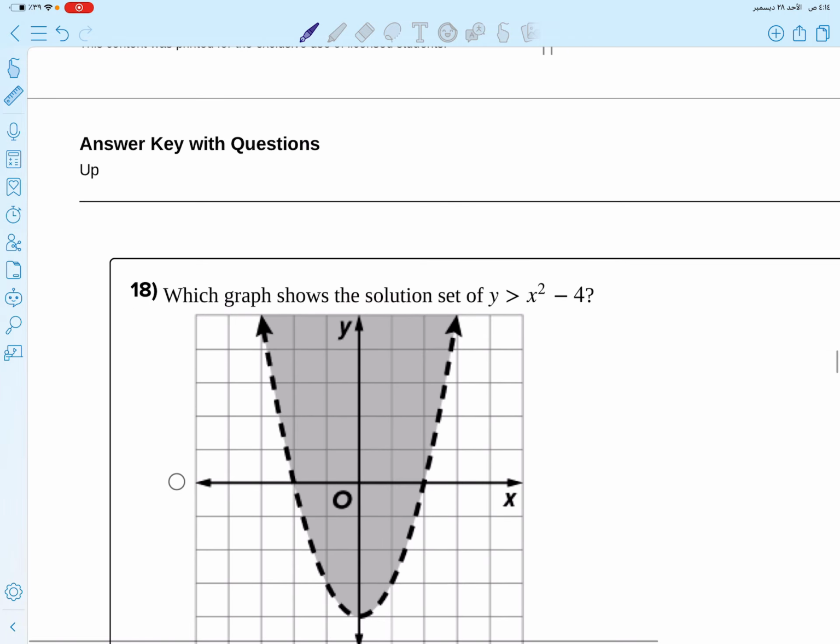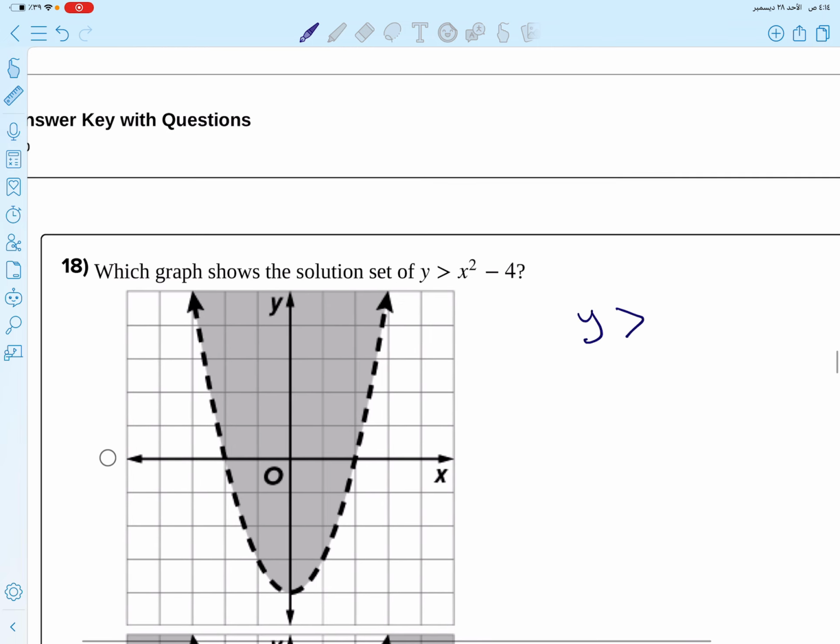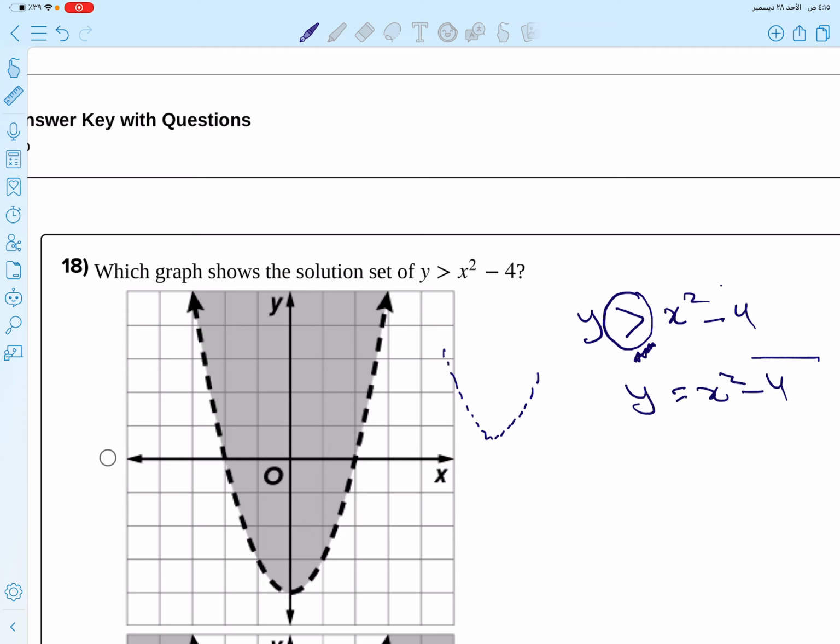Which graph shows the solution of y greater than x squared minus 4? Always if you see the inequality without equal, the graph should be a dashed line. It's not a solid line. I need to graph y equals x squared minus 4, this quadratic function.